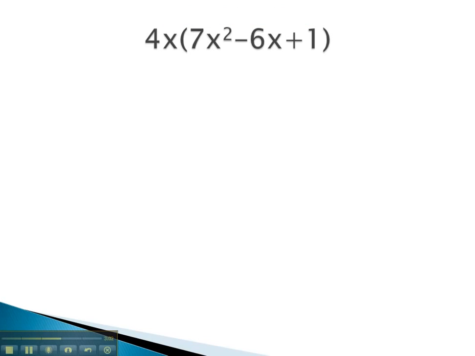Let's start by multiplying the 4x times the 7x squared. 4 times 7 is 28. When we multiply the x's, there were already 2 x's on this term. Now we're multiplying another x into that, so we have a total of 3 x's, or x cubed, in this term.